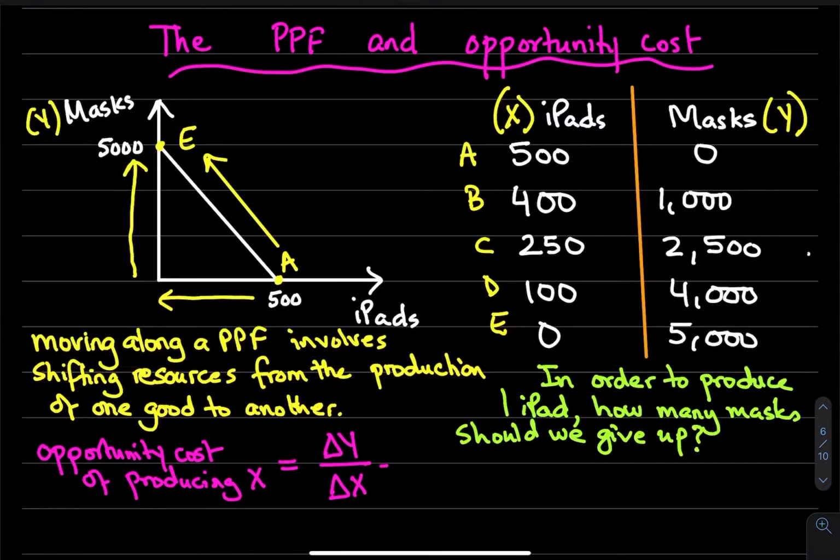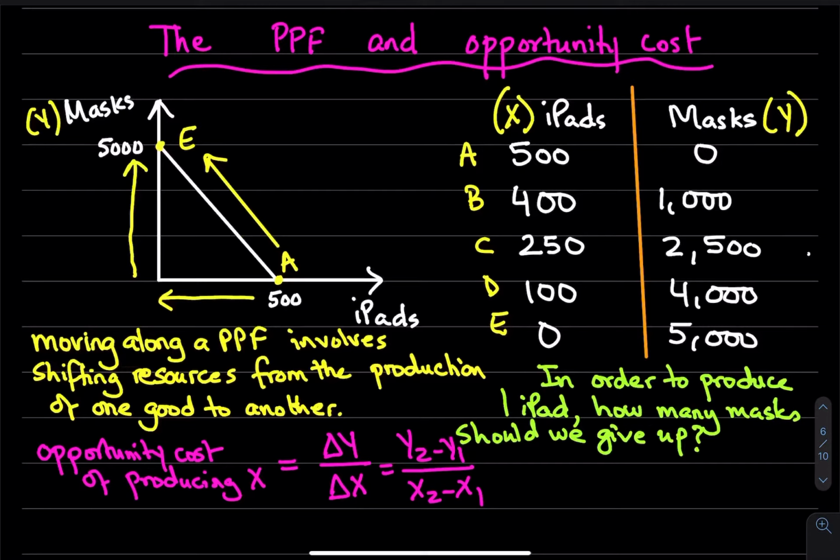Okay, and you can write this as y2 minus y1 over x2 minus x1. Now some of you might be able to see the graph and say, well, I can calculate rise over run, and that's fine as well.